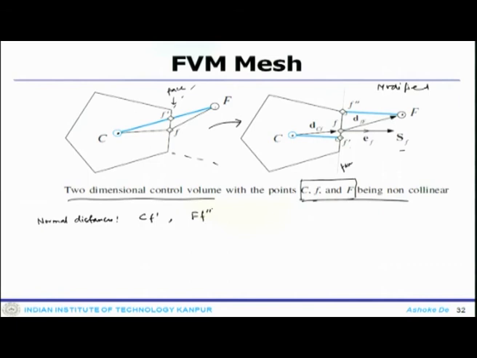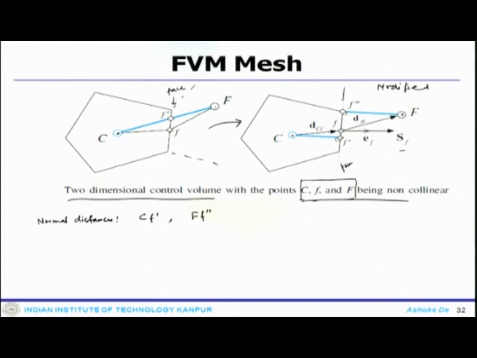So these are the two normal distances. Since C, f and capital F are not collinear, instead of connecting them with one line, you get a normal from this point along that face.